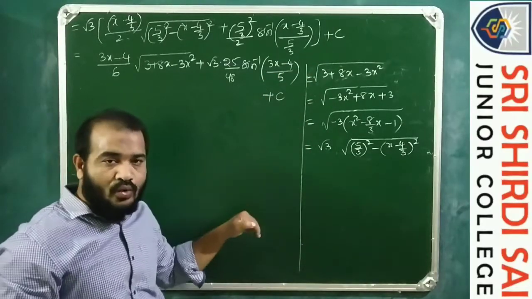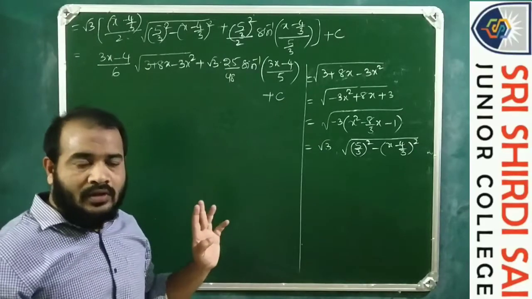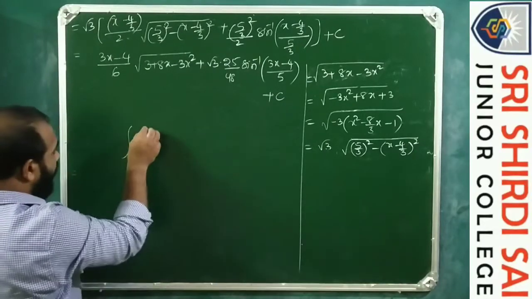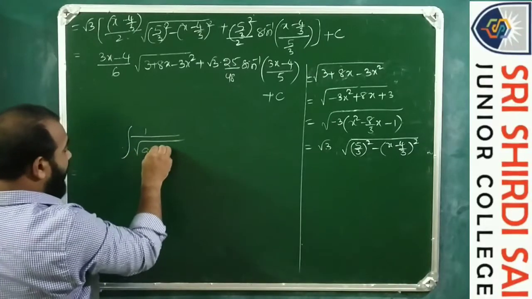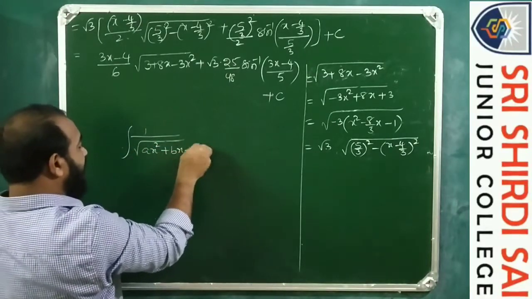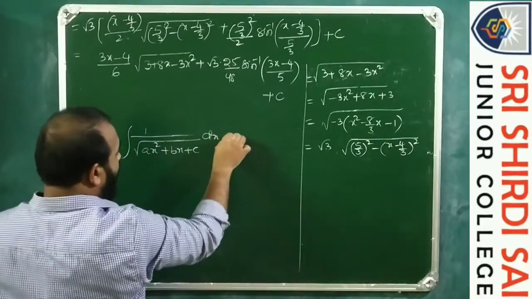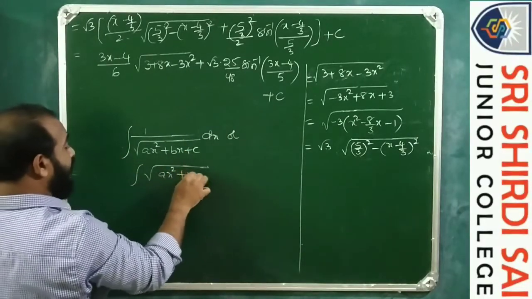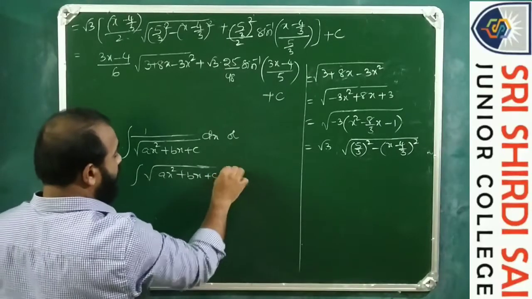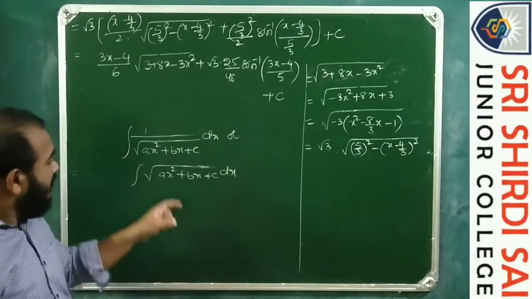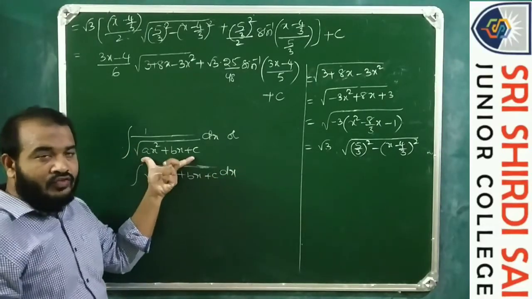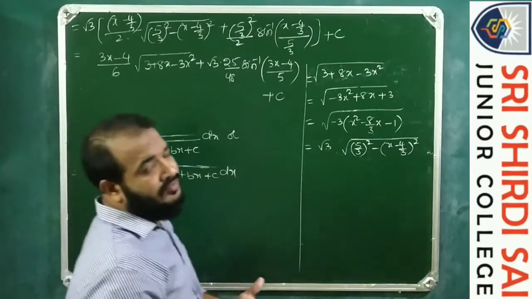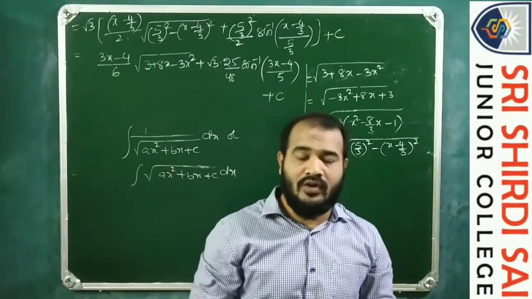So this is how we will evaluate the integral of the form integral 1 by root of ax square plus bx plus c dx, or root of ax square plus bx plus c dx. Whenever you see a quadratic expression, we can use the complete the square method and whatever formula we have learned before.